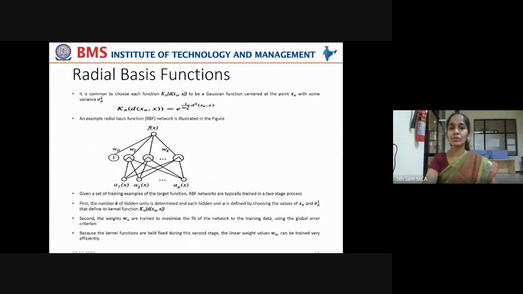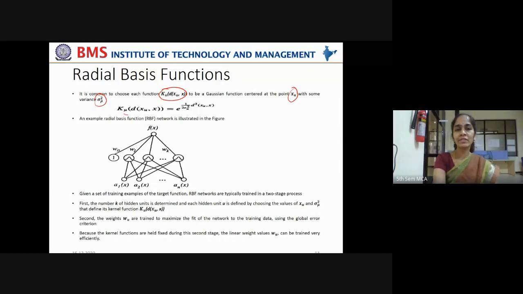Now it is common to choose each function, this kernel function, to be a Gaussian function centered at the point x_u with some variance sigma_u square. Whenever you take large data sets, you always assume that it is following a Gaussian distribution or a normal distribution. For that, what is the formula?